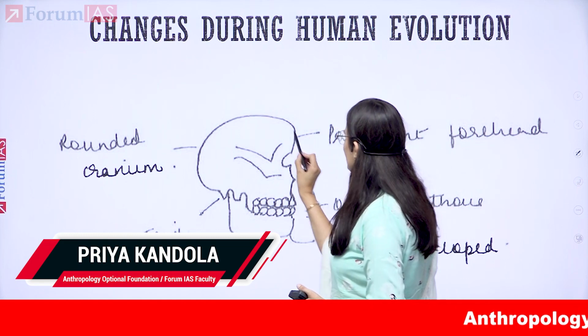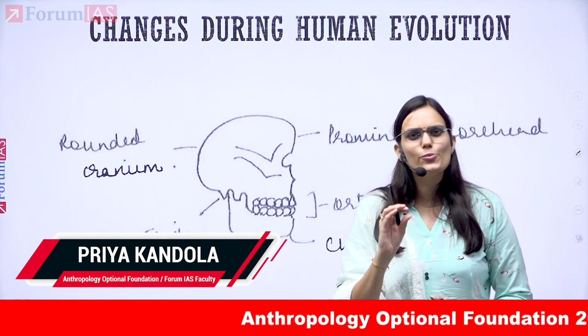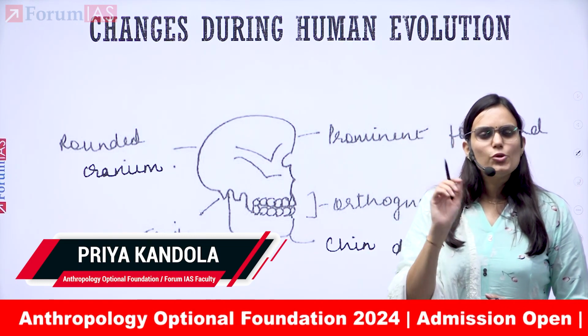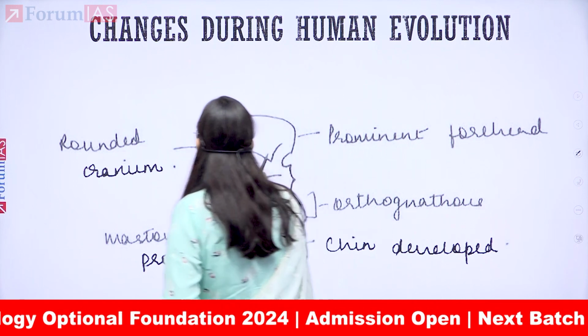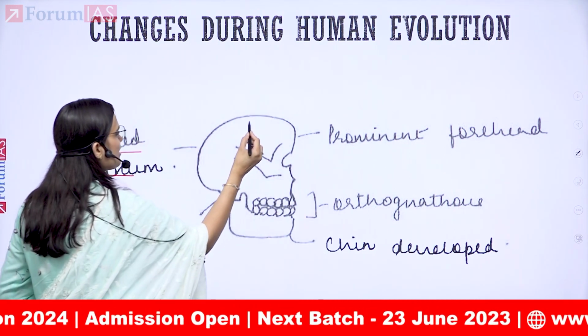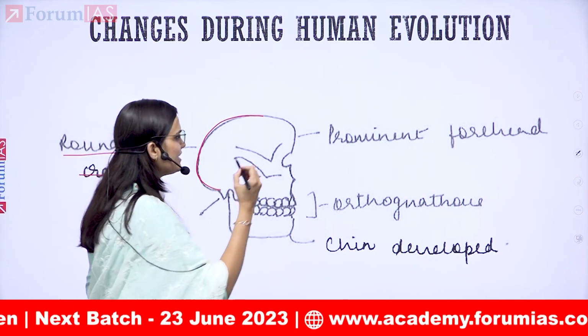This is a lucid outline-based diagram of the skull of Homo sapiens or the modern human being. If you look at the labeling of the diagram, you will get to know that there is a part which has been marked as rounded cranium, because this part of the brain is rounded, right?